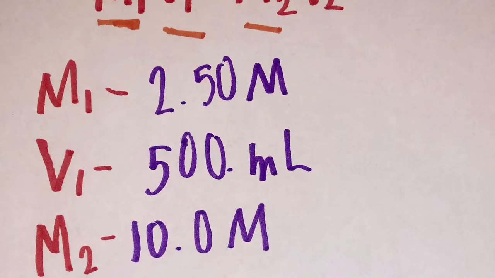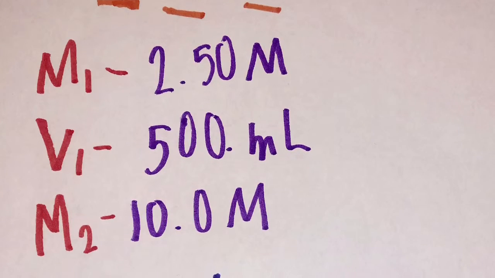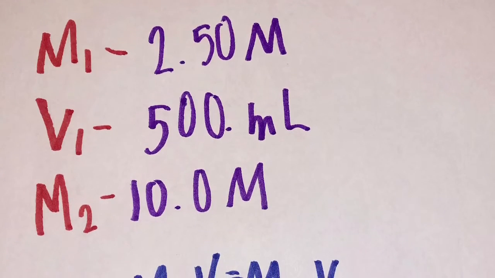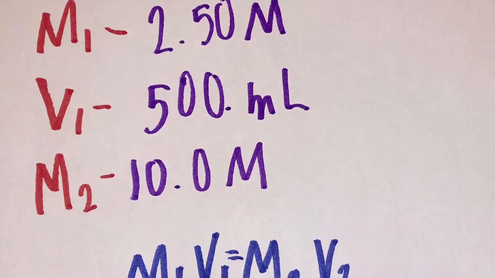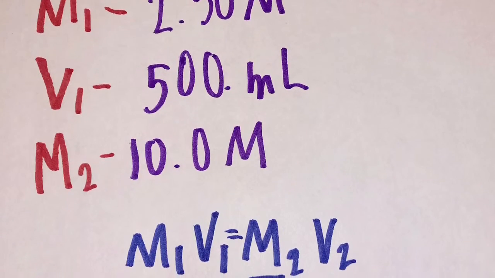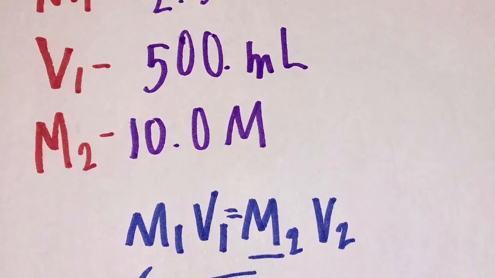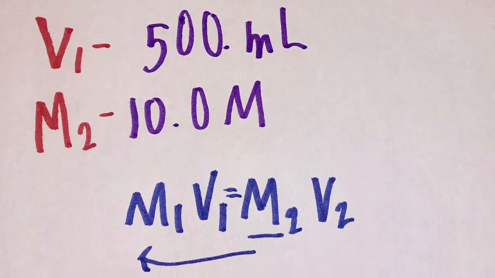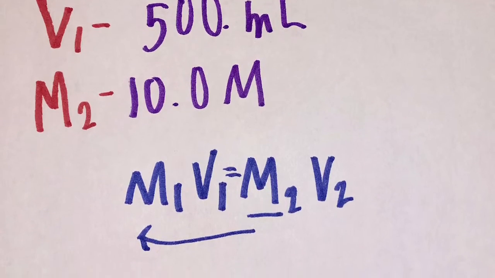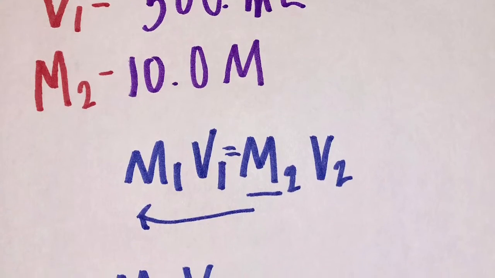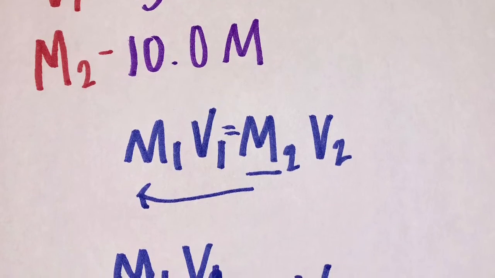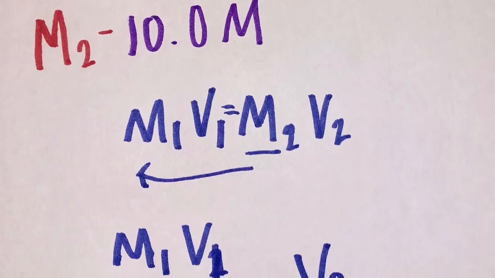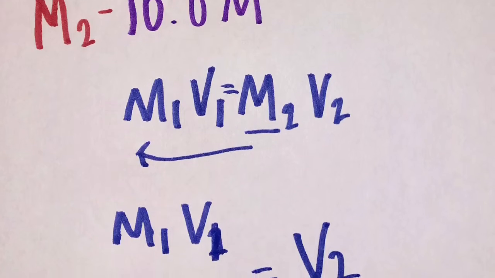In the problem, they already give us M1, V1, M2. M1 is 2.50 M, V1 is 500 milliliters, M2 is 10 M. Since they have given us the 3 that we need, all we have to find is V2. So we're going to transfer M2 to the other side, which is going to be divided by M1 and V1.